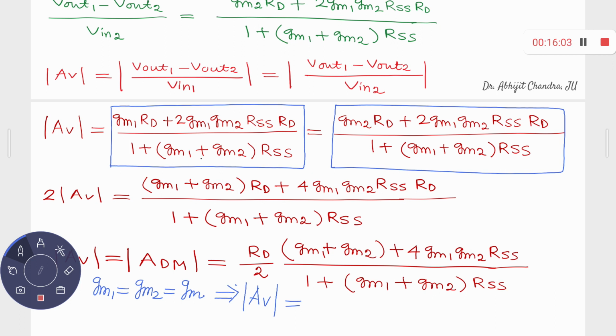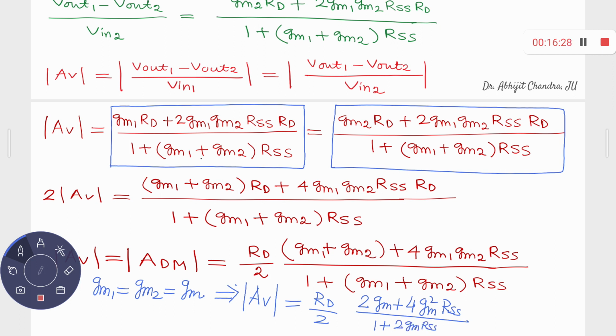If we just substitute this one, what is that? RT upon 2, GM1 plus GM2, that means 2 GM plus 4 GM square RSS upon 1 plus 2 GM RSS.